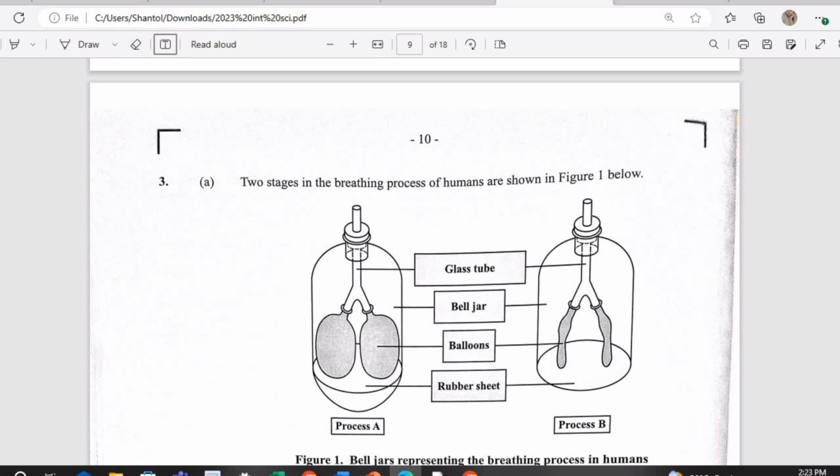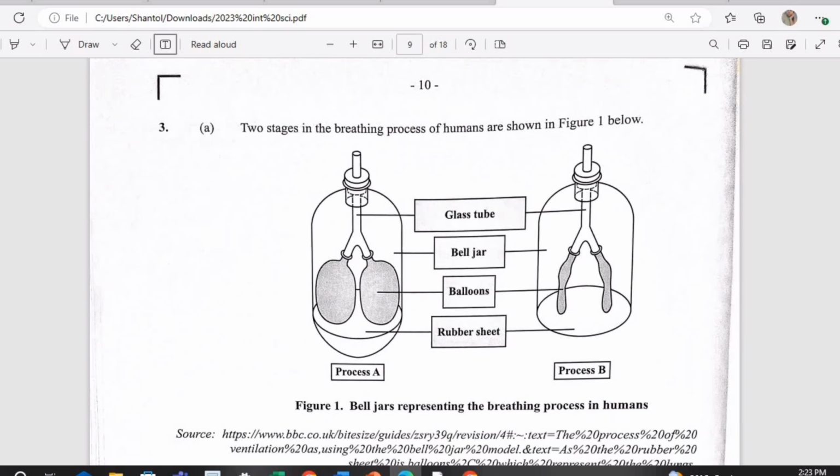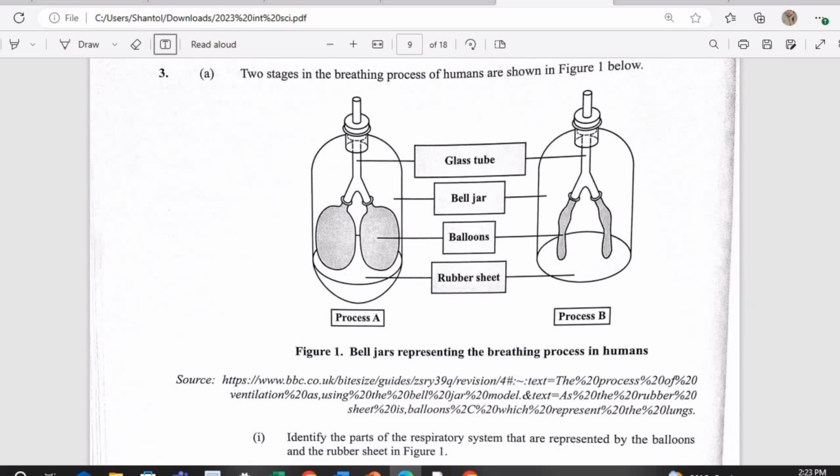Something should come back to mind based on this diagram. So let's see what question they're asking us about in the bottom half of the page, and the figure is entitled Bell Jars Representing the Breathing Process in Humans.